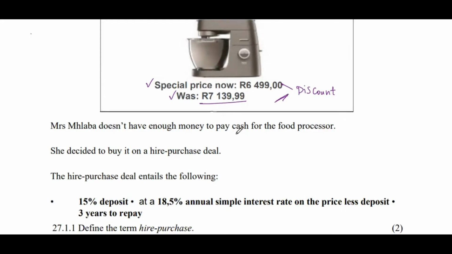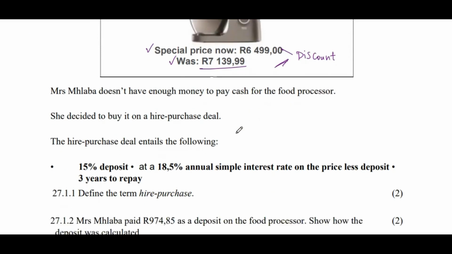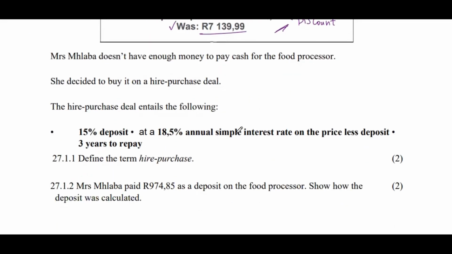The hire purchase deal entails the following: 15% deposit at 18.5% annual simple interest rate on the price less the deposit. We shall call this the price less the deposit, simply meaning the cash that you're supposed to pay minus the deposit. You understand?